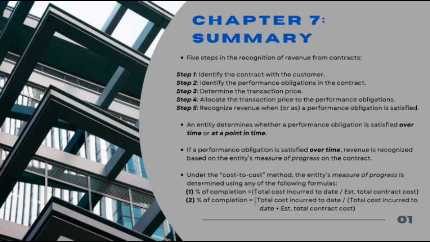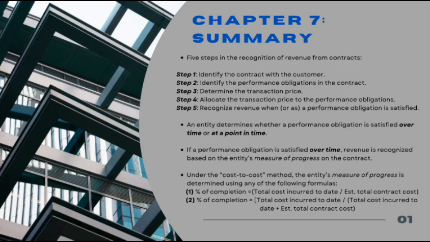If a contract has multiple performance obligations, the total transaction price needs to be allocated to each obligation based on its relative standalone selling price. Lastly, recognize revenue when or as a performance obligation is satisfied. Revenue is recognized when control of the promised goods or services passes to the customer.